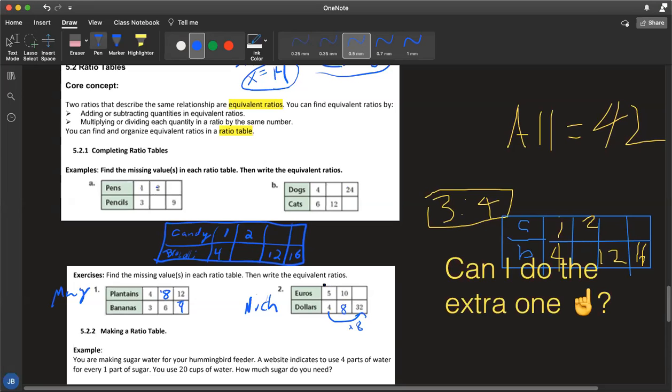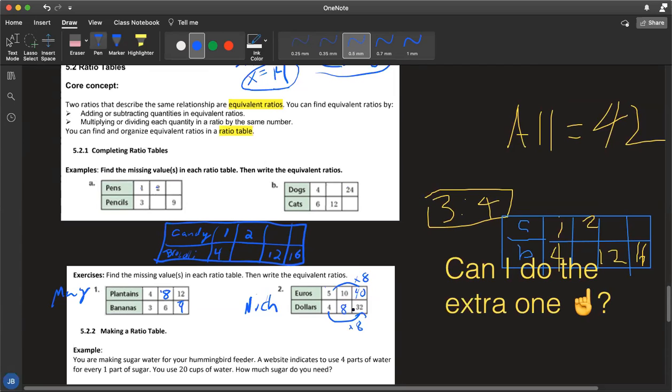So then we take this 5 and we have to do the same thing, times 8, because that will make it an equivalent ratio, is multiplying it by the same thing. And so what do you get here now? I got 40. Perfect. That's great, Nicole. 40. Awesome. Great job. Does that make sense for everybody?